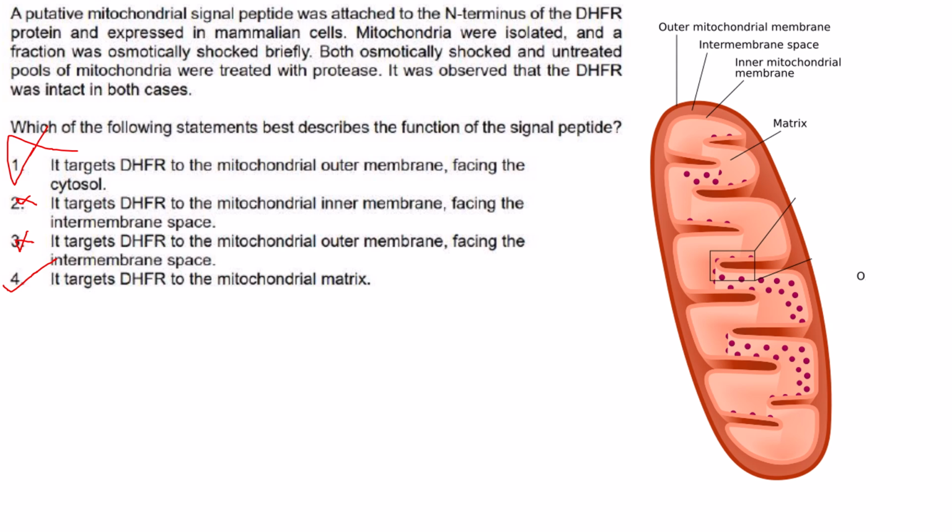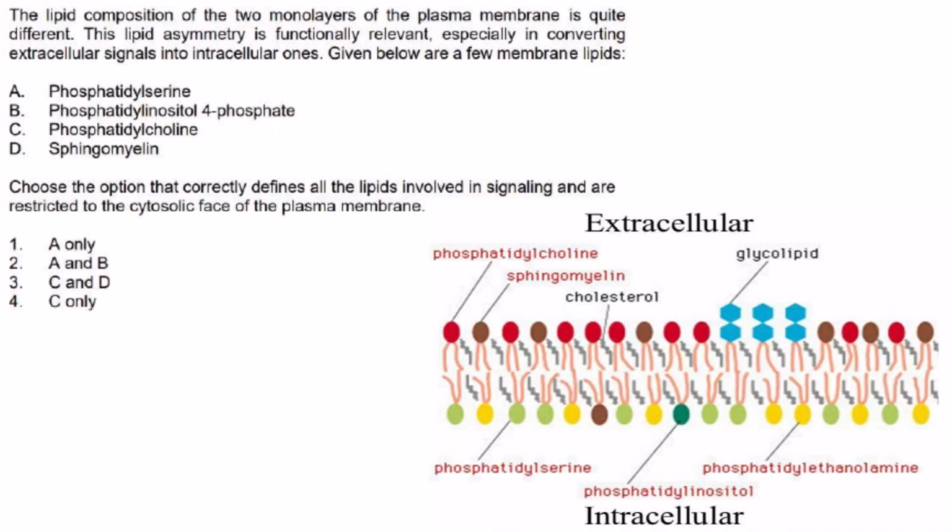So this suggests that it should have been in a compartment which is inaccessible to protease. So naturally what is left out? It is your matrix. So the answer is option 4. It targets DHFR to the mitochondrial matrix.